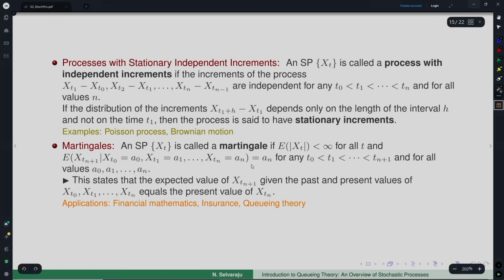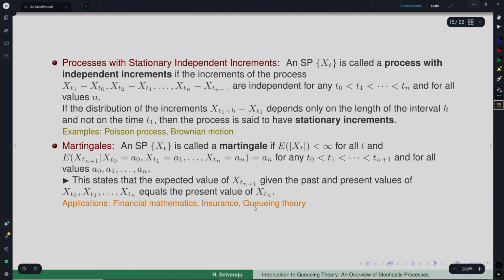Suppose it is greater than or less than, then you have a different nomenclature, submartingales, supermartingales and so on, which anyway you will know. So, this again finds applications in queuing theory at a very advanced level along with Brownian motion, but we will not be using that here. Okay. But this is a very important concept in financial mathematics, actuaries, insurance.